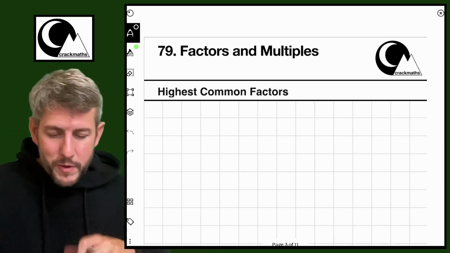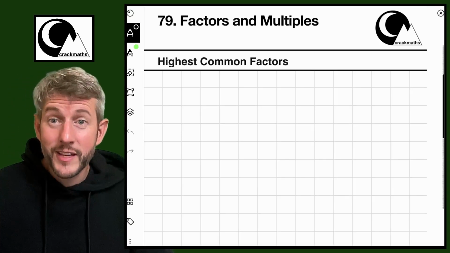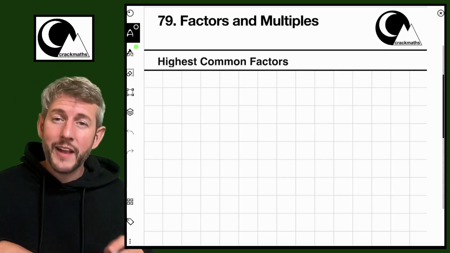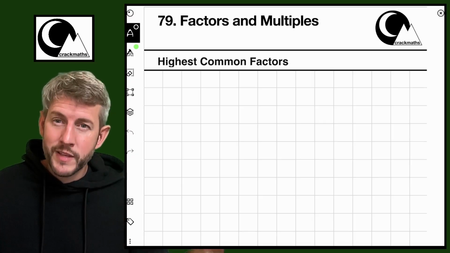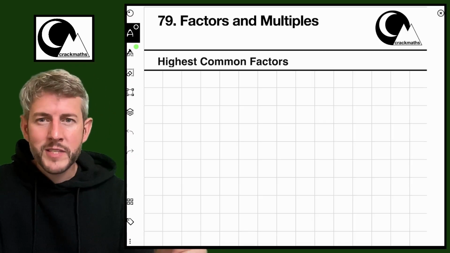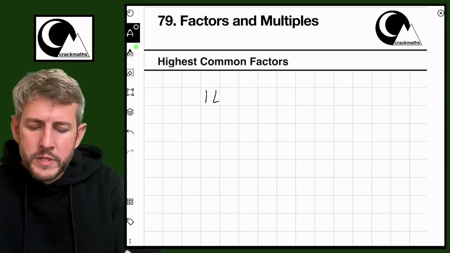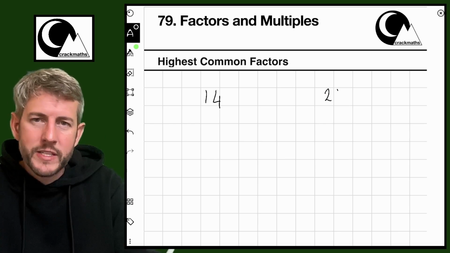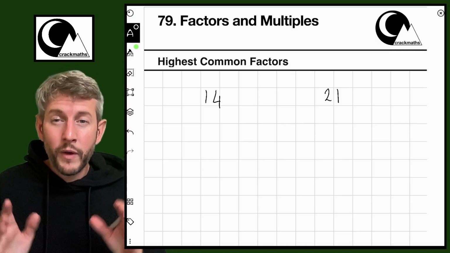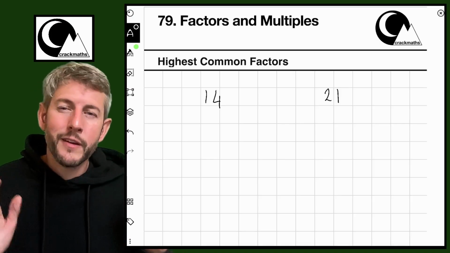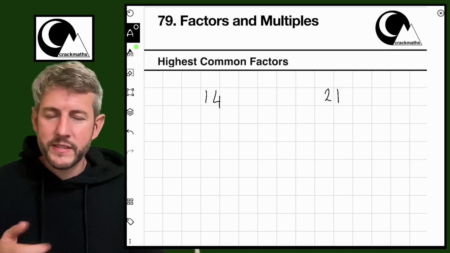Now what I want to do is move on to a thing called the highest common factor. So the highest common factor is when you've got 2 numbers, and you want to know what is the highest number that both of those things can be divided by. Let's take an example of 14 and 21. So here we're going to look for the highest common factor, which is the highest number we can divide both of these things by.